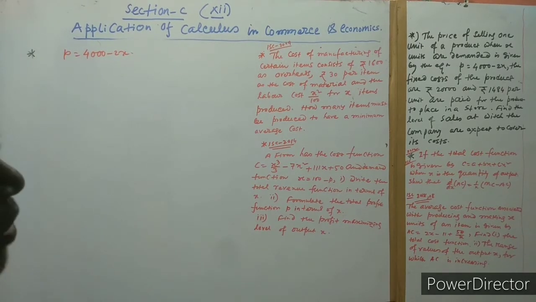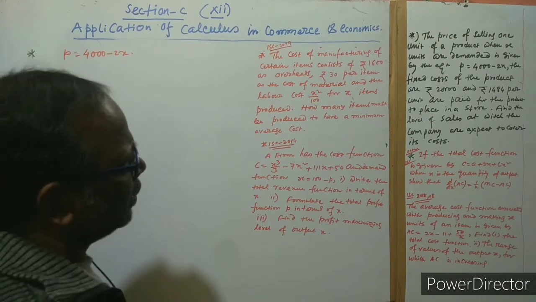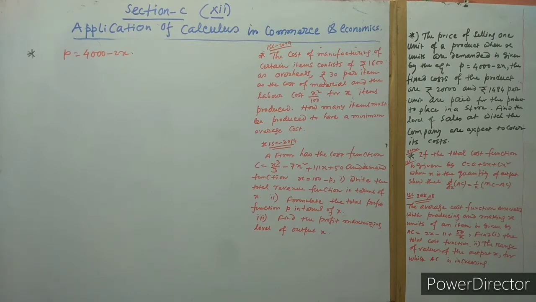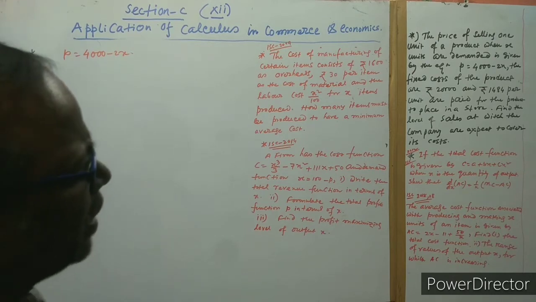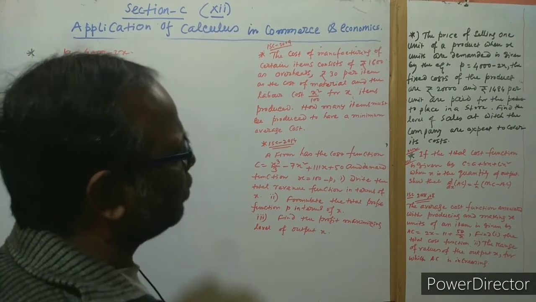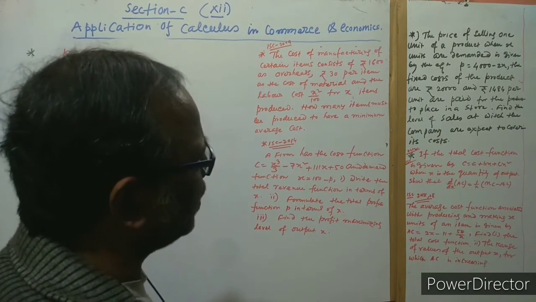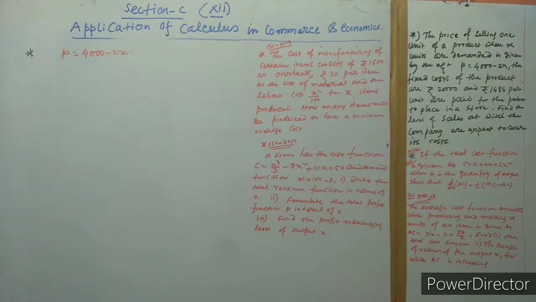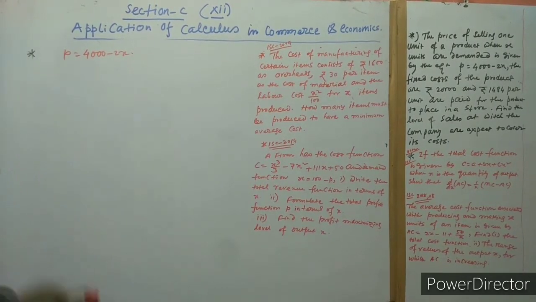P is the per unit price. The fixed cost of the product is given as 20,000, and rupees 1,484 per unit are paid for the product to place in a store. So the cost price.